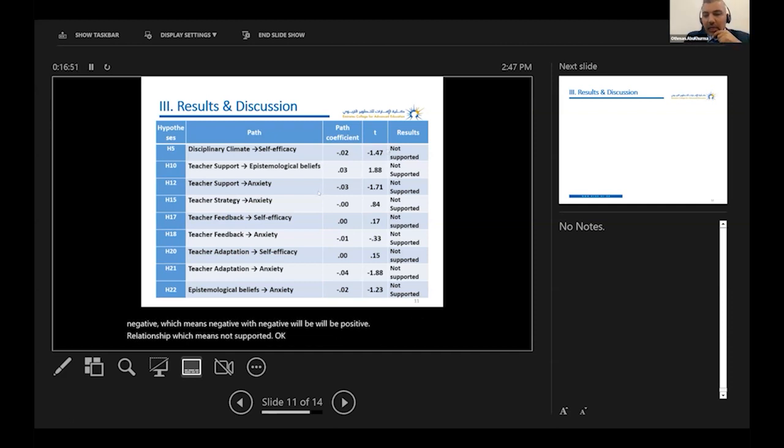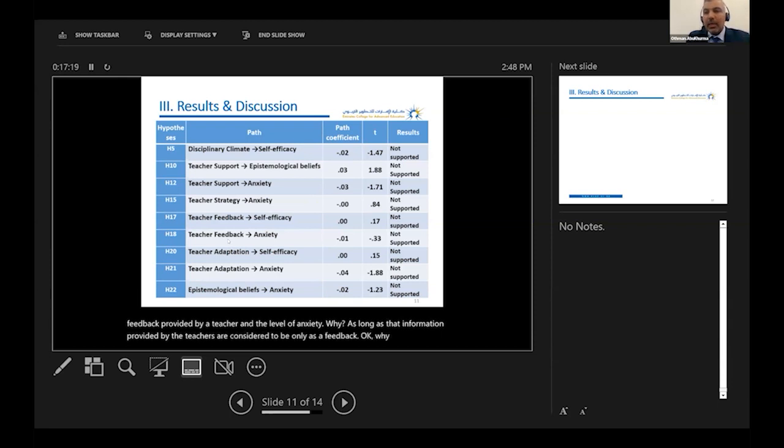Okay, I'll give you the last example. Let's take, for example, the teacher's feedback with anxiety. There is no relationship between the amount of the feedback or the quality of the feedback provided by a teacher and the level of anxiety. Why? As long as the information provided by the teachers is considered to be only feedback.